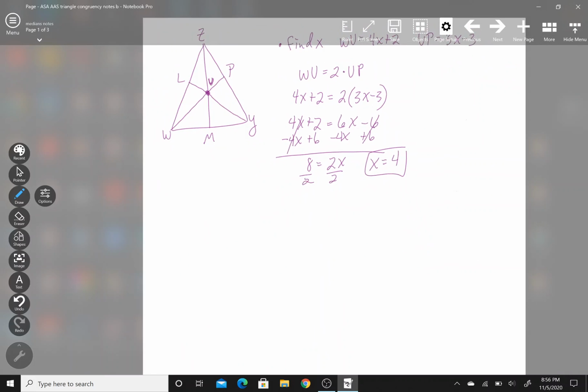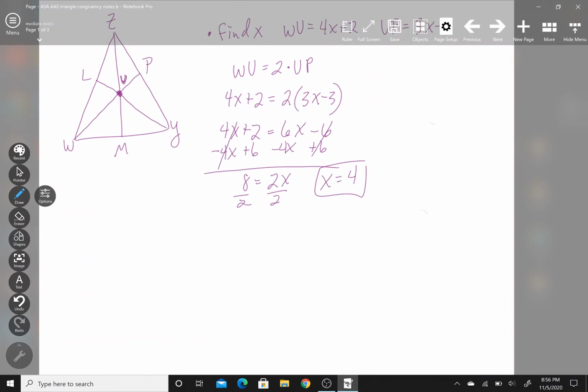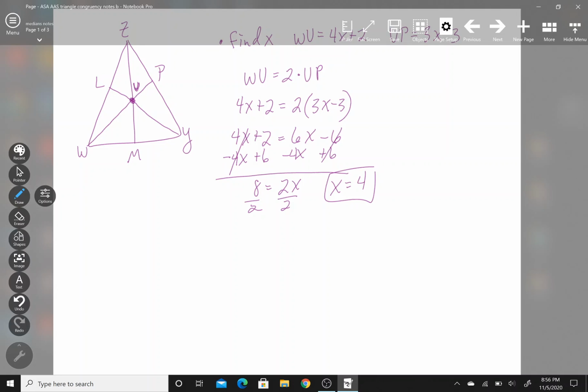And now our last example. This time they're going to ask us to find X and the length of WP if WP equals 7X minus 4 and UP equals 2X plus 3.